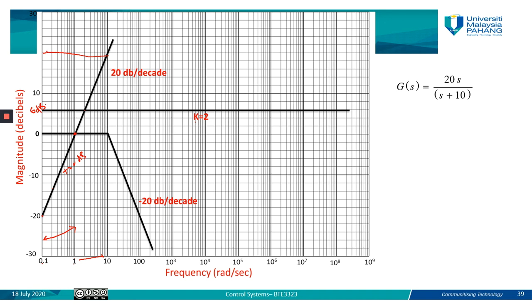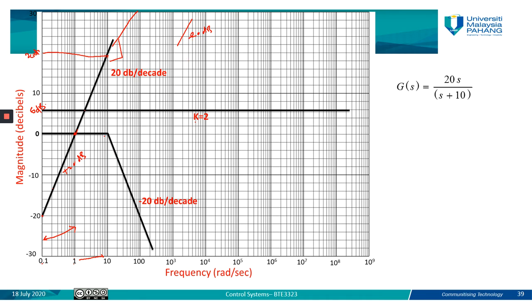So here it will be positive 20 dB per decade. Then after that, for 100, also the same, it will continue with the same slope. You can see here we are talking about the slope of this line. The slope of the line is 20 dB per decade, which is positive.